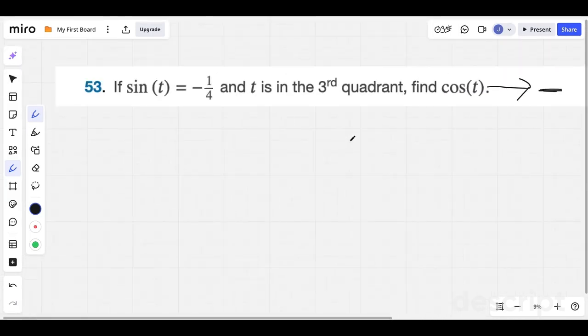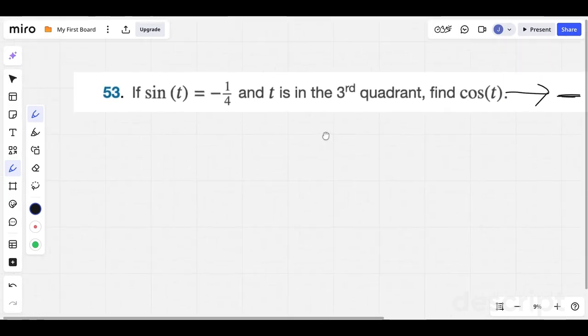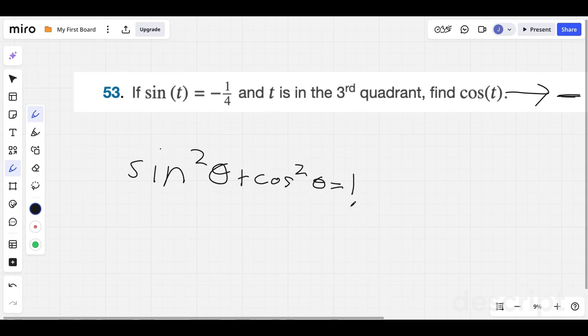Coming back to this question, the way that we're going to solve this, and the thing that this question points us in the direction of, is that we're going to be using the Pythagorean identity. Sine squared of theta plus cosine squared of theta is equal to 1.